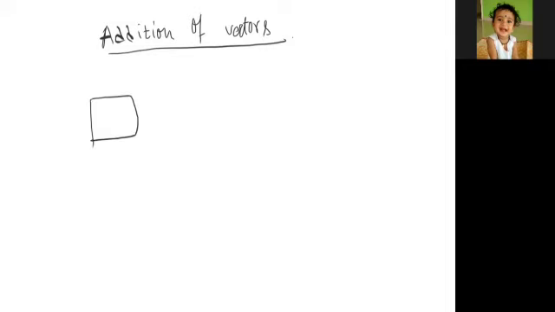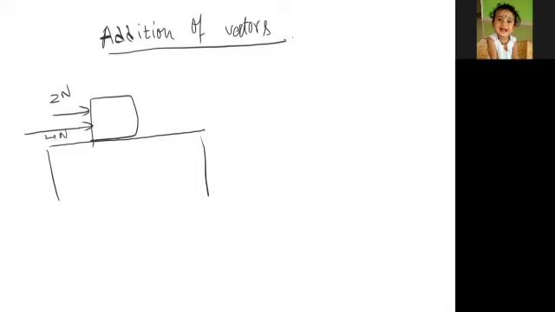Now, how to add two vectors? Addition of vectors. Suppose you have a block on a table. You are putting a 2 newtons force like this and a 4 newtons force like this.